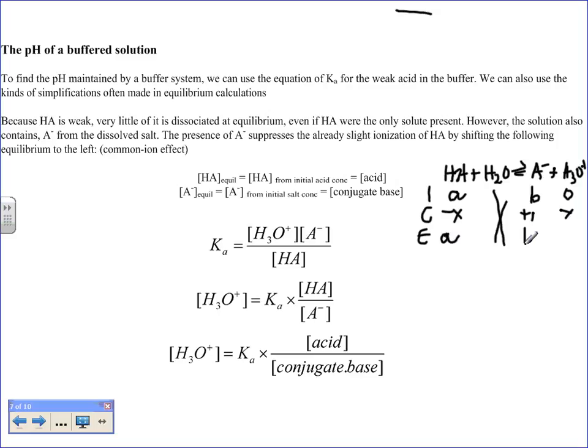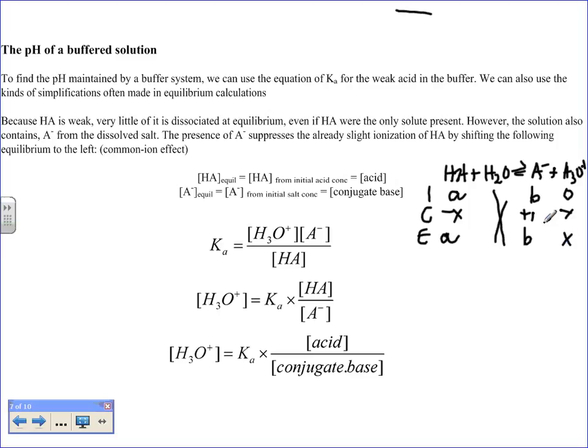Okay. And the equilibrium concentration of HA is going to be the same as the initial concentration. The equilibrium concentration of A minus is equal to the initial concentration of A minus. This is because when we're working with buffers, we're dealing with weak acids and bases. Their Ka's are very small, so we're able to make the assumptions.